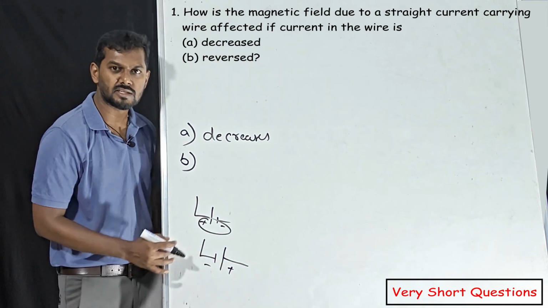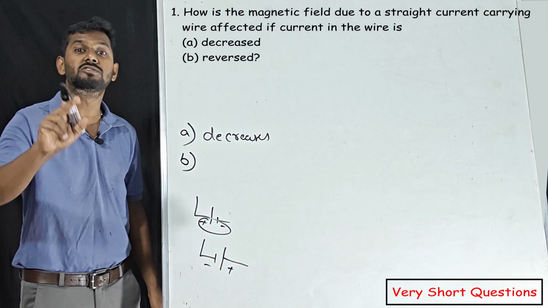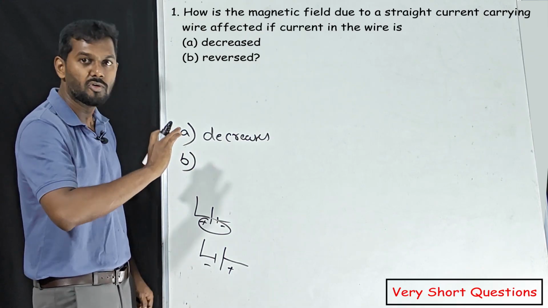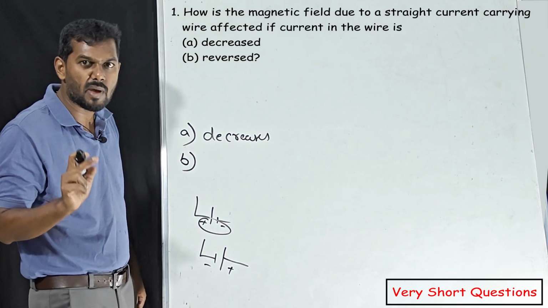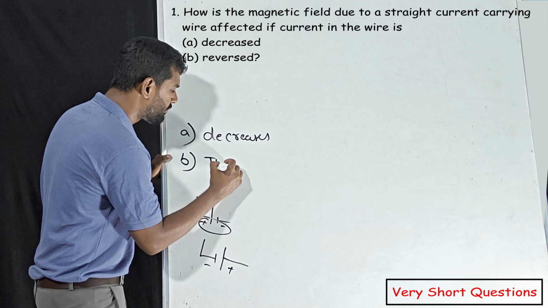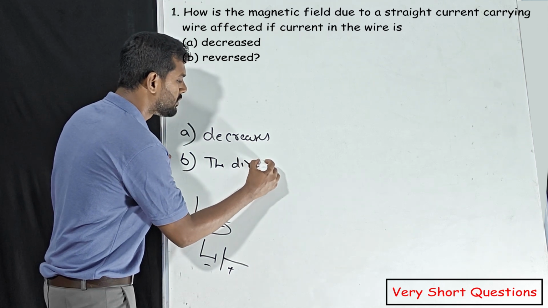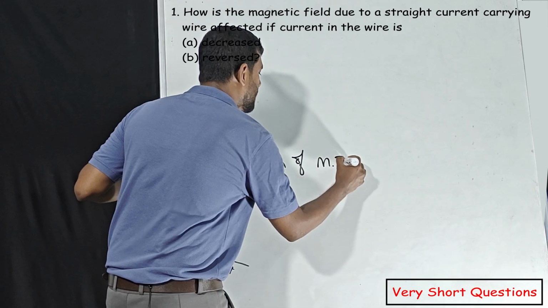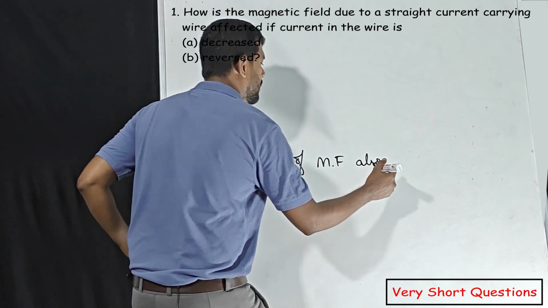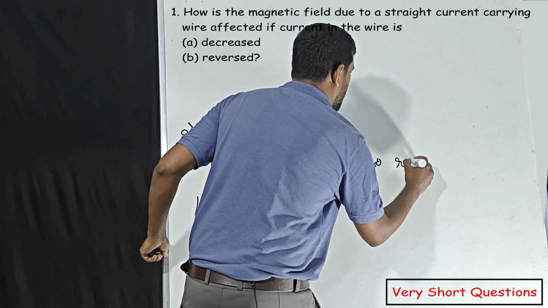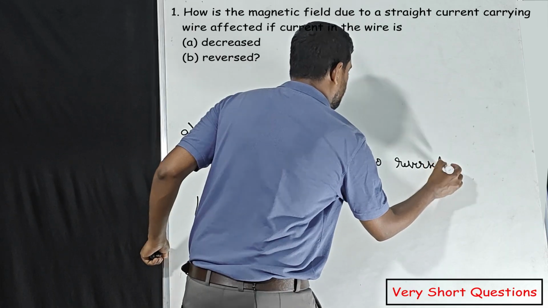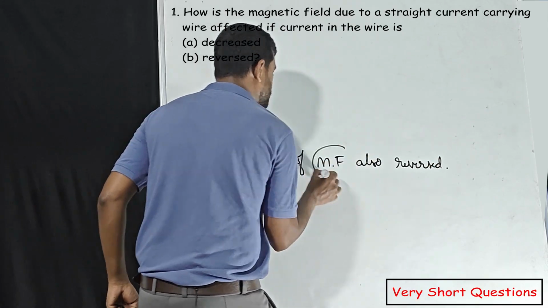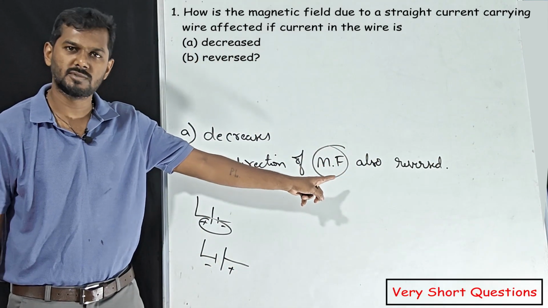So if you do like this, the direction of magnetic field also changes. So if you reverse the current, the direction of magnetic field is also reversed.